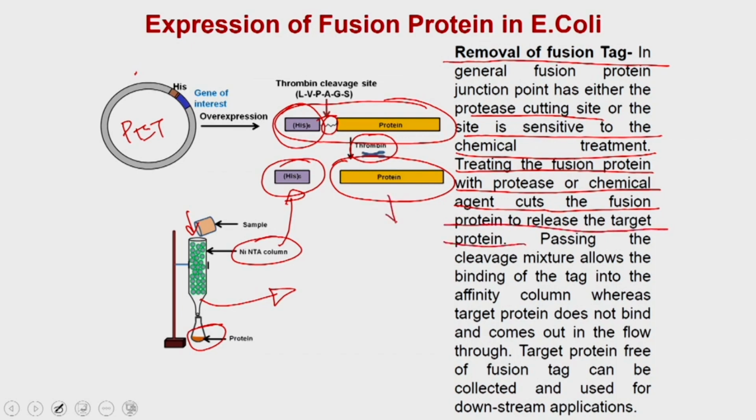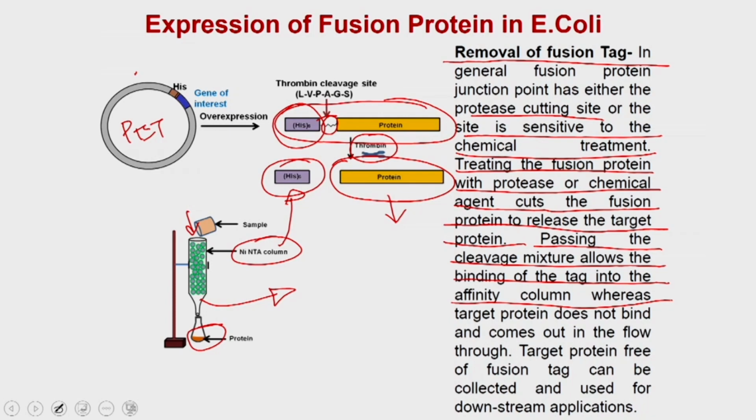Now, if you pass this cleavage mixture through the affinity column, in this case the nickel NTA column, the column will bind your tag and not allow it to go into the flow through, whereas your protein has lost its affinity for the column because it does not have the tag anymore, and the protein will come into the flow through.